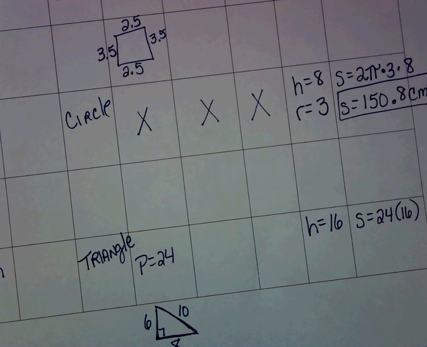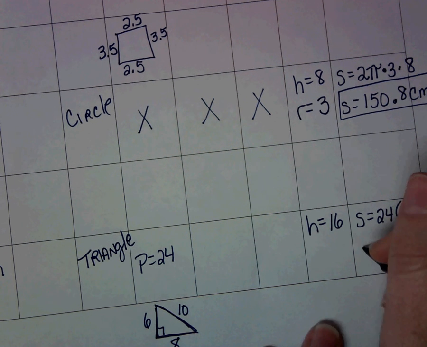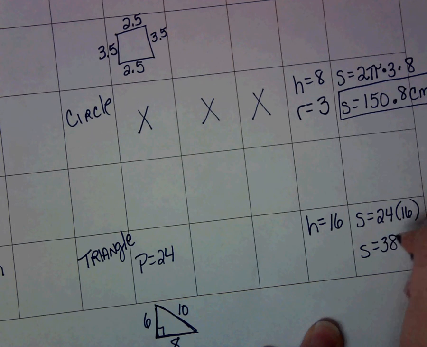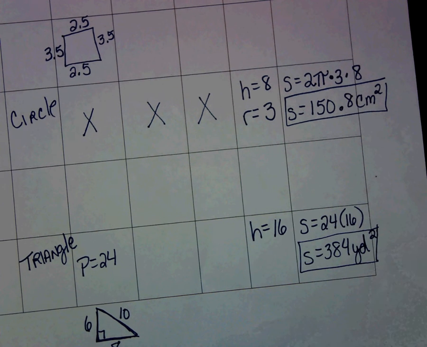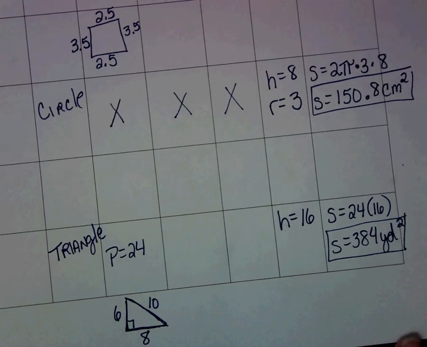And you should get 384 square yards. Okay? I want you to work through your level 1, and when you're finished, you can go on to the next.